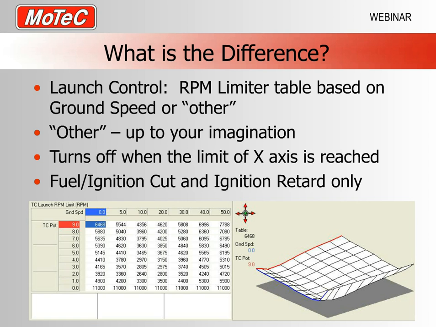When you let go of the clutch, the timer starts. So instead of ground speed being our x-axis along the top here, we actually have a timer. So at 0.1 second we have a certain amount of RPM, 0.2 seconds, up to 1 or 2 seconds after launch.